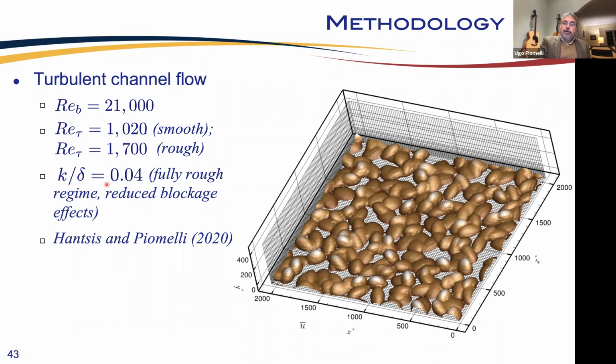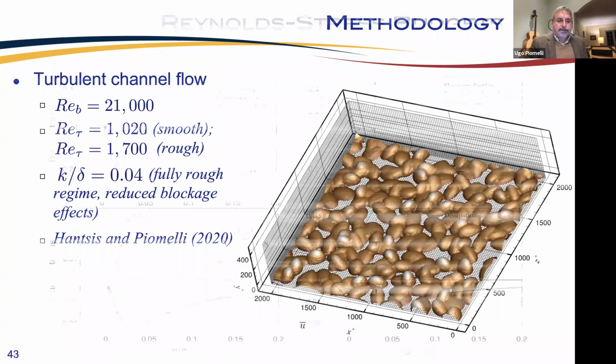The roughness height is 4% of the channel half height, which gets us in the fully rough regime, and the blockage effects are reduced. The ratio of delta over k is 25, which is within the range that Jimenez recommends. And these are results that have been reported in a paper by Sriansis and myself in Physical Review Fluids.